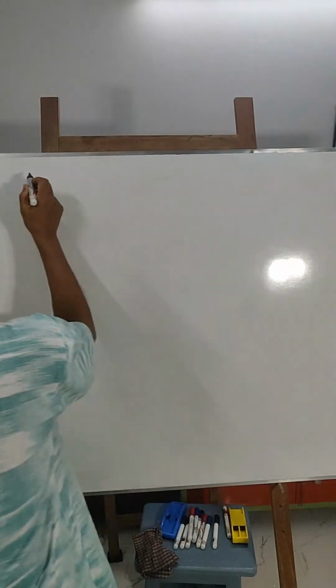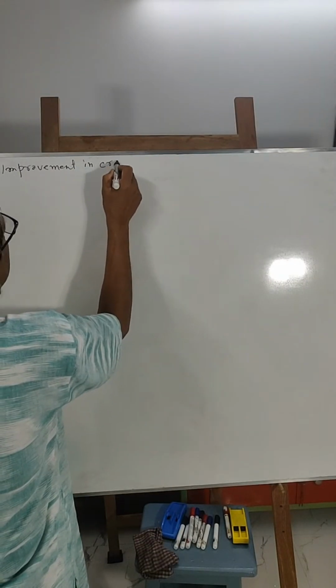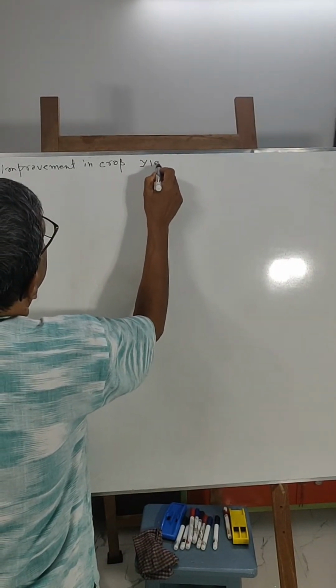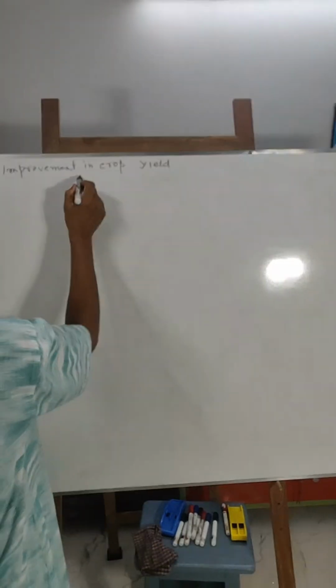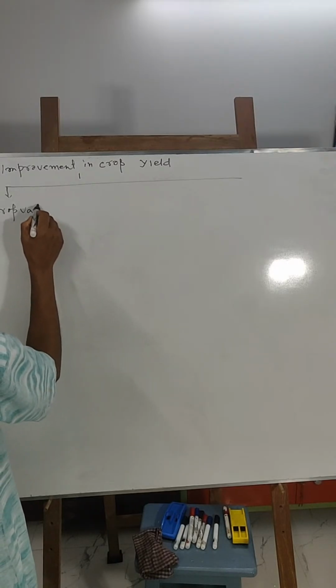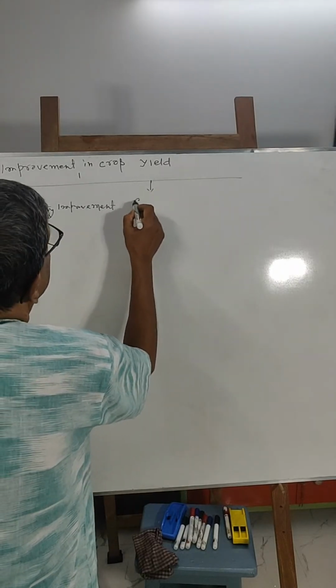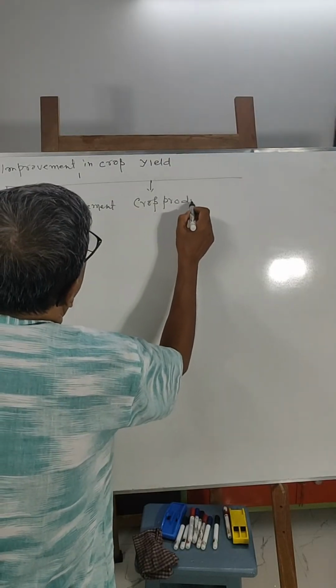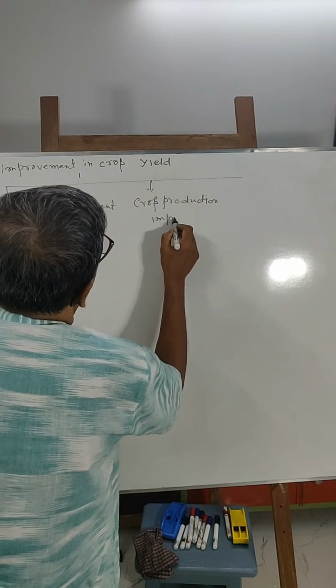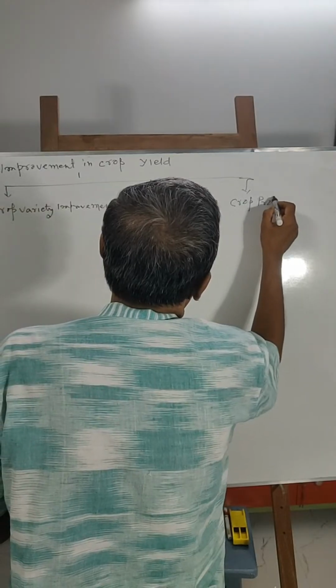I have discussed before in classes that improvement in crop yield is divided into crop variety improvement, crop production improvement, and crop protection improvement.